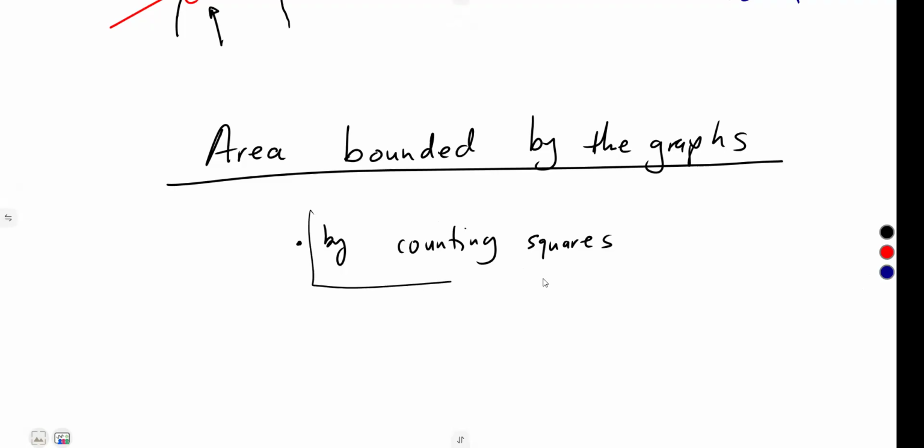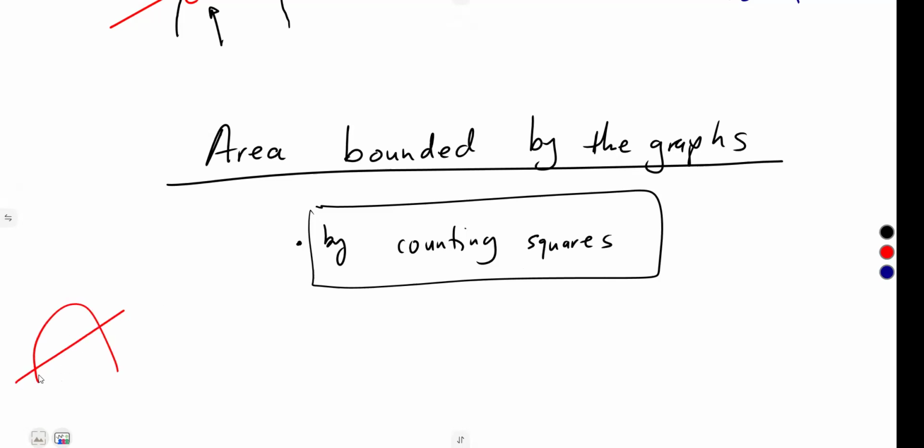counting squares. So to obtain the area, you must have a region which is bounded by the graphs or the information that you're given. Let's say this is the region where the area is to be calculated. You count all the boxes here. How many small square boxes are there within that region?